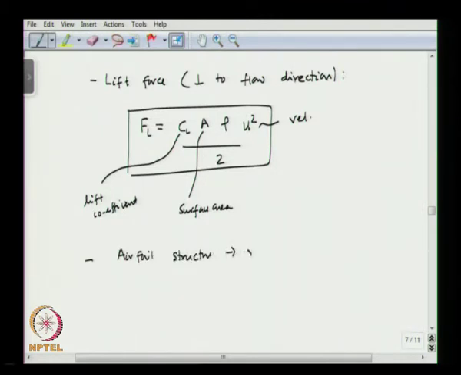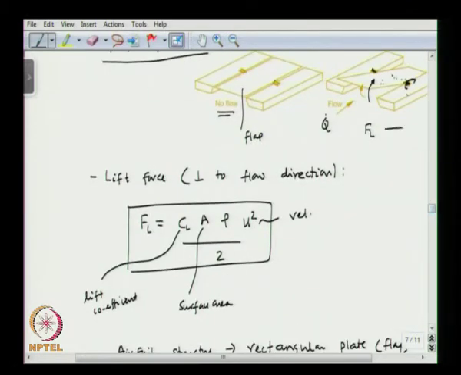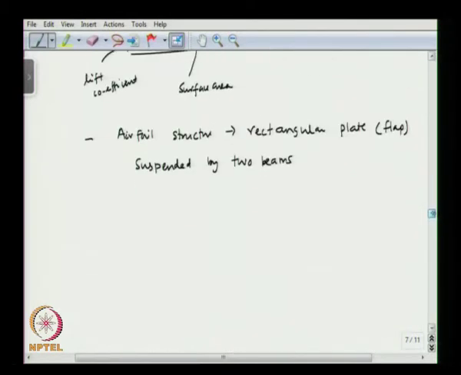We can have a rectangular plate or a flap, and it will be suspended by two beams. So, as you can see here, the lift force, which is proportional to the flow rate, would tend to bend the beams.